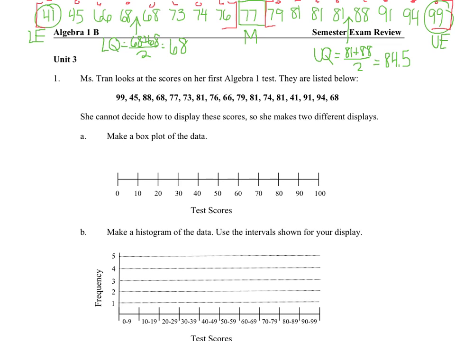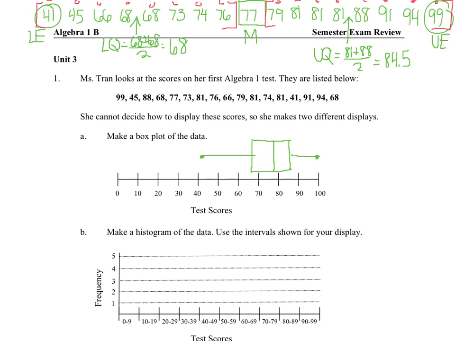So I'm going to use these 5 numbers to make our box plot. I'm going to put dots where my lower extreme and my upper extreme are, and I'm going to put lines for the lower quartile, the median, and the upper quartile. Those 3 lines are going to make our box, and then our whiskers attached to our lower extreme and upper extreme.